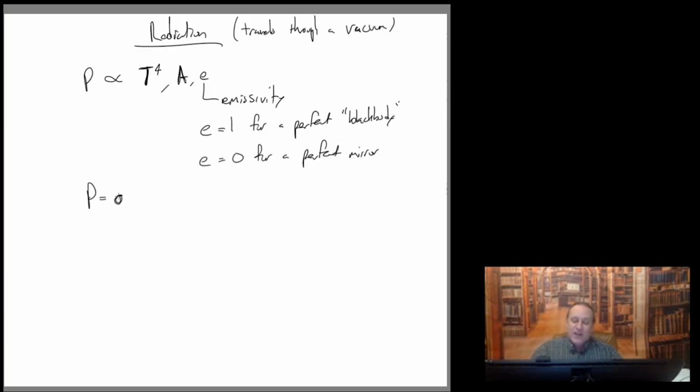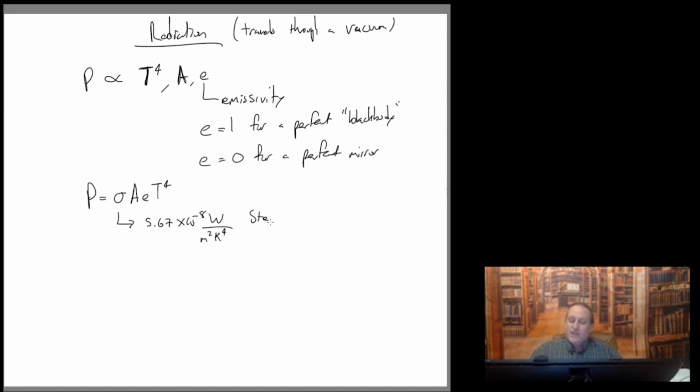So when we put all this together, we say that it's equal to a constant. This constant is the Greek letter sigma, a lowercase sigma. It's like a 0 with a hat. P equals sigma A E T to the 4th. So let's just try to compute. Sigma, the value of it, is 5.67 times 10 to the minus 8 watts per square meter Kelvin to the fourth power.